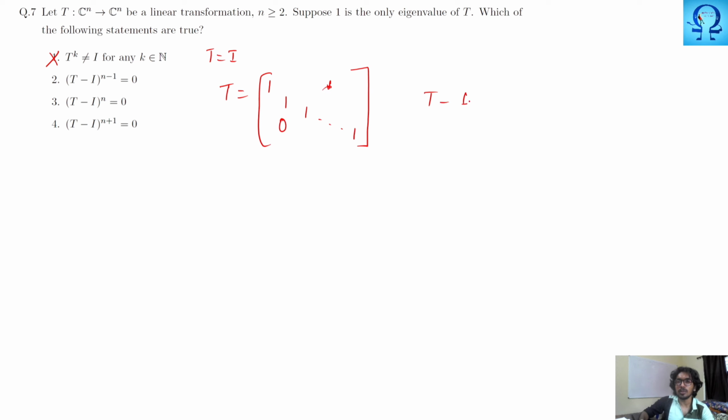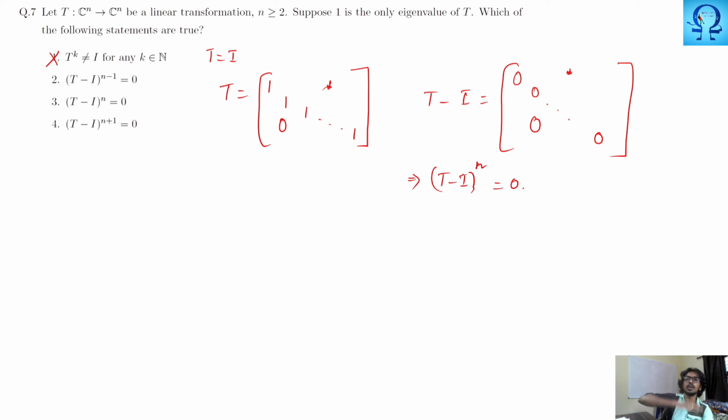So if you find T minus I, this would be what? 0 in the diagonals, below the diagonal also we have 0, and above it can be anything. For sure, if you multiply it n times, you would end up with 0. If it is happening for n, then it would happen after n also. So options 3 and 4 are true for sure.